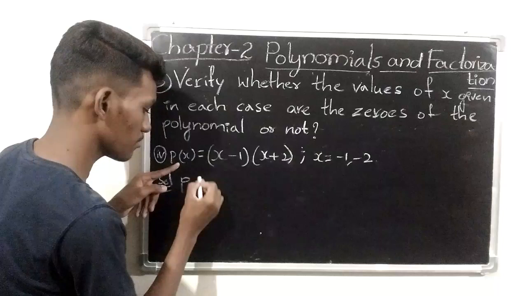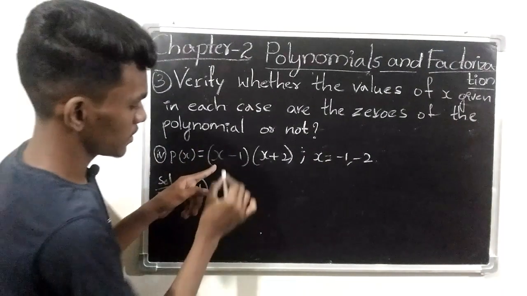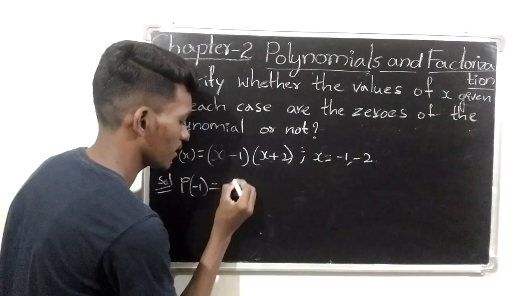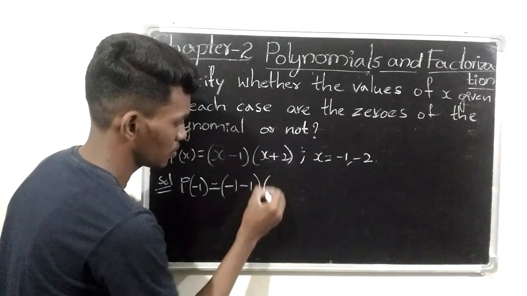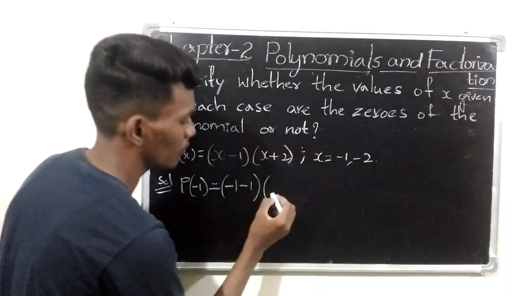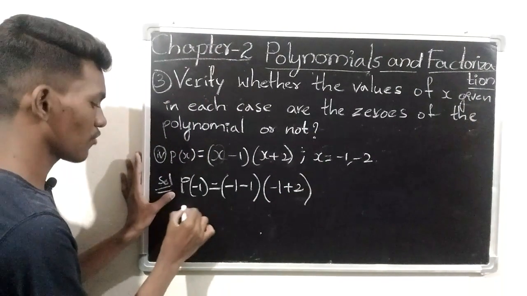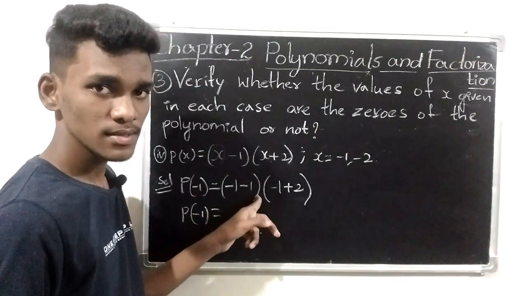We have to write here p of minus 1 equal to, so see here x is there. So in the place of x we have to substitute minus 1. Write minus 1 as it is into, see here x. So we have to substitute in the x place minus 1 plus 2. So we have to write p of minus 1 as it is equal to minus 1 is minus 2.